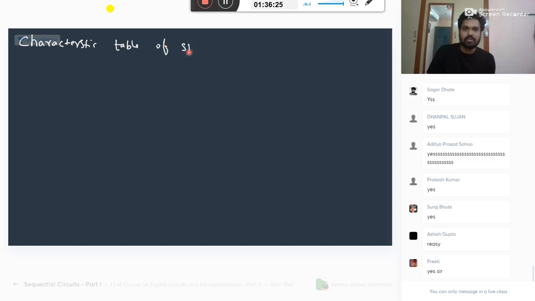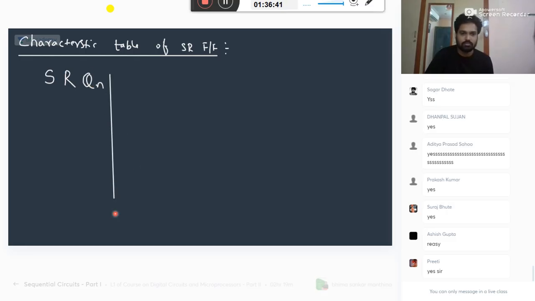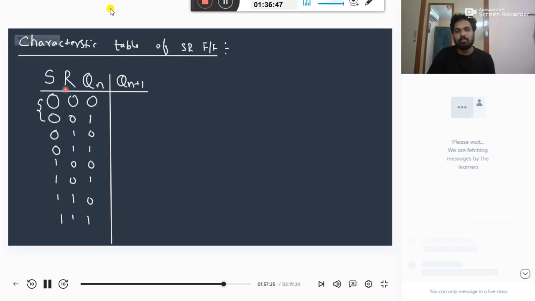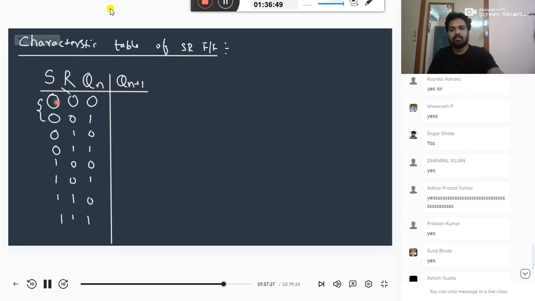Of SR flip-flop. So it contains 3 inputs S, R, Qn. Of the SR flip-flop, just tell me this part.